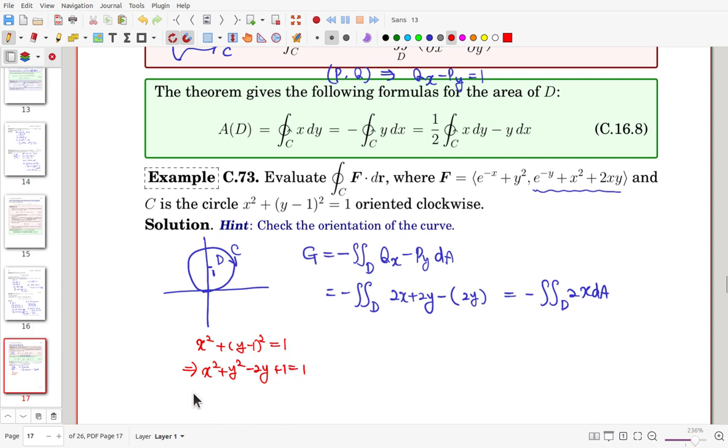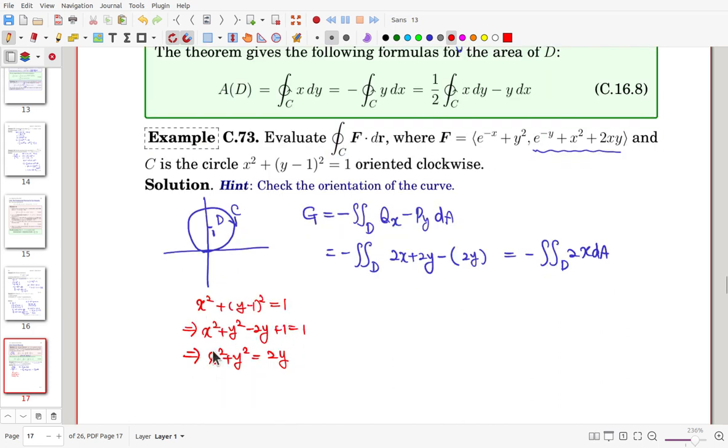We can cancel the 1, so that we have x squared plus y squared equals 2y. In polar coordinates, the left-hand side is r squared, and the right-hand side is 2 times r sine theta. So we can cancel r, and r is 2 sine theta. In polar form, r is 2 sine theta.